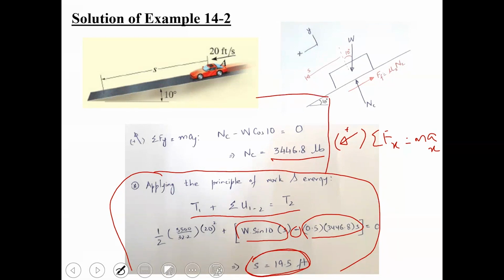So applying it along the x-axis, summation Fx equals ma. The force acting along the x-axis is the component of weight, which is W sine 10 with a positive sign, because when you resolve W, this component acts towards the positive x-axis, and the force of friction acts towards the negative x-axis. So W sine 10 minus mu Nc should be equal to ma.